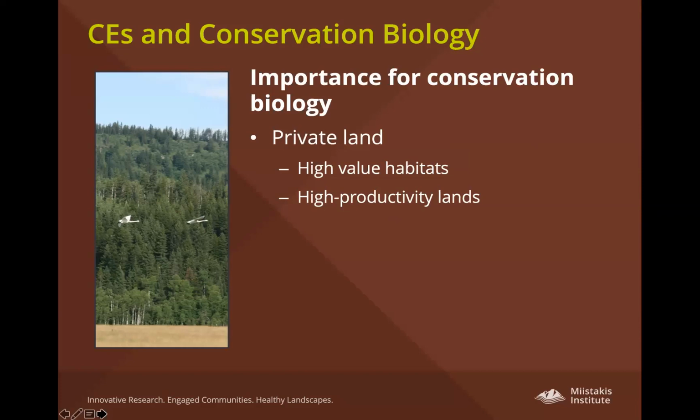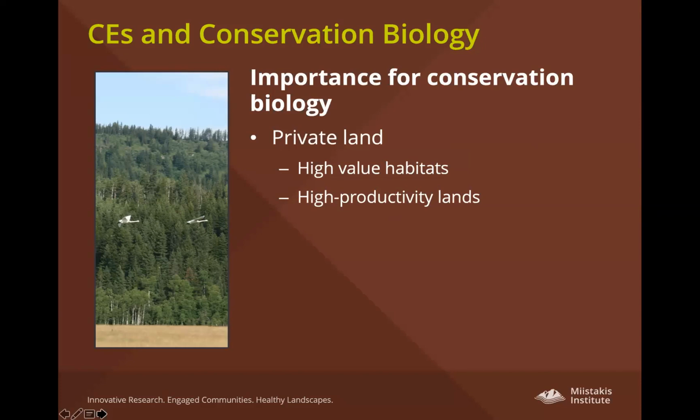And we see that in a lot of international initiatives like the Convention on Biological Diversity, the IUCN, even the World Commission on Protected Areas. They're all looking at private land and saying, increasingly, this is a very important set of lands that are on an entirely different land ownership, but they are important for biodiversity conservation.